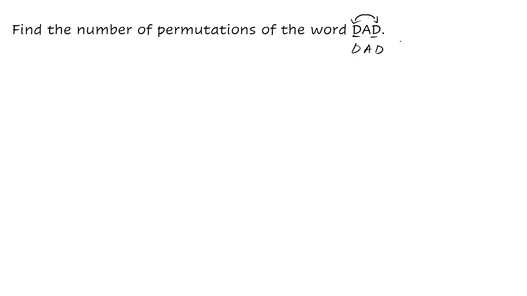So, ibig sabihin, meron tayong mga tinatawag na non-distinct or hindi natin i-separate kung ano yung dalawa na yan dahil parehas silang letter D. Okay. So, distinguishable permutations yung gagamitin natin dito.